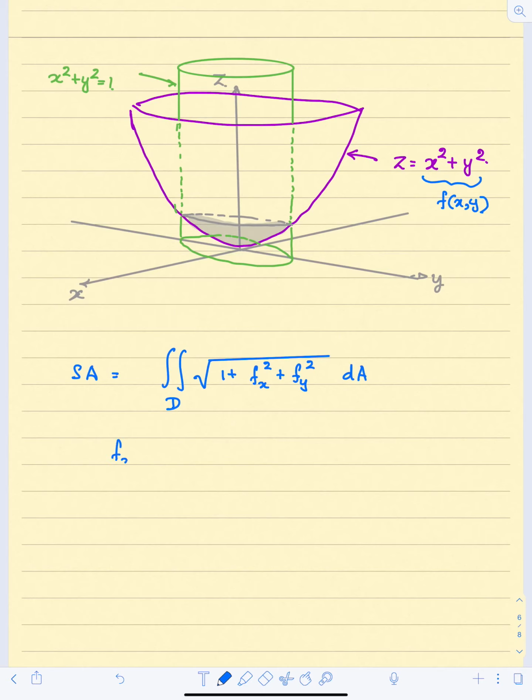So f sub x, which is partial f over partial x, equals 2x, and f sub y equals 2y.